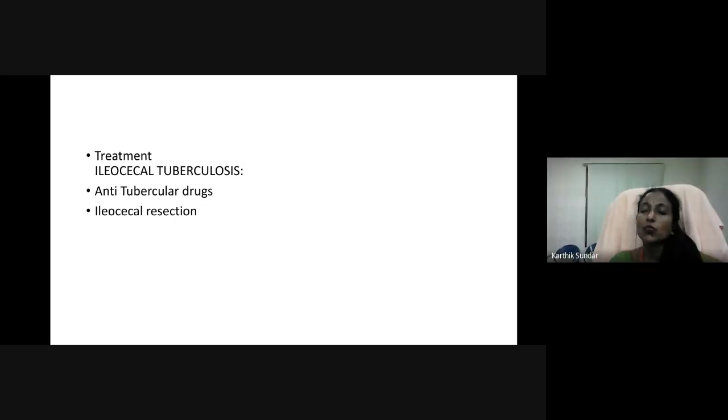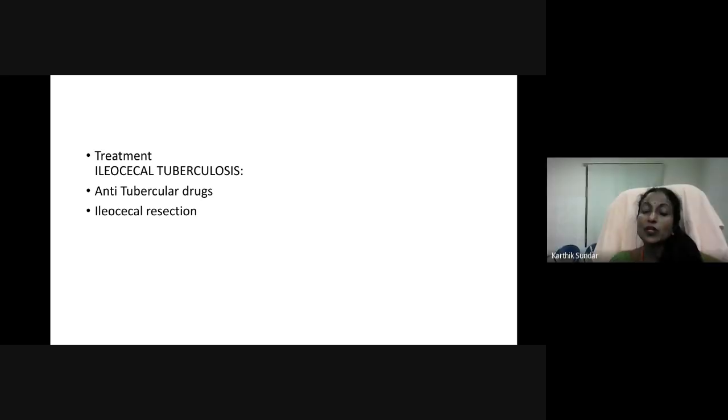Now, is it a virulent type of tuberculosis or dull type of tuberculosis? Not so virulent. It has to be a virulent one because the lungs as well as the abdomen are affected.